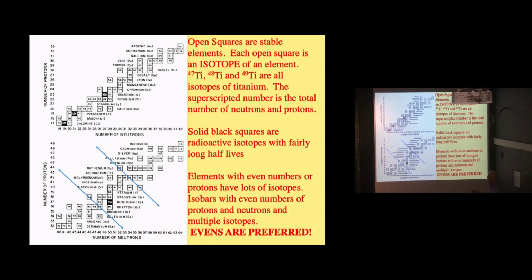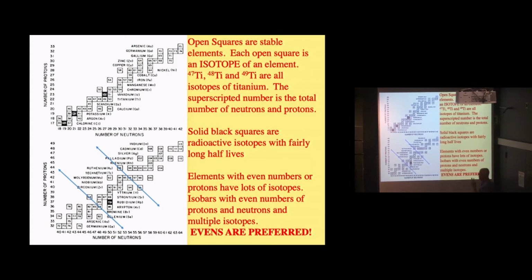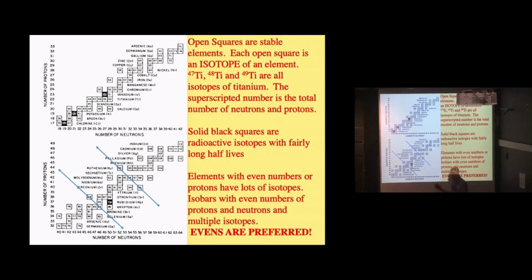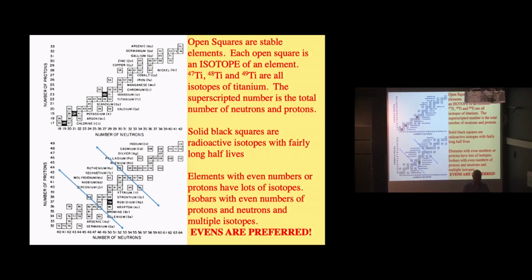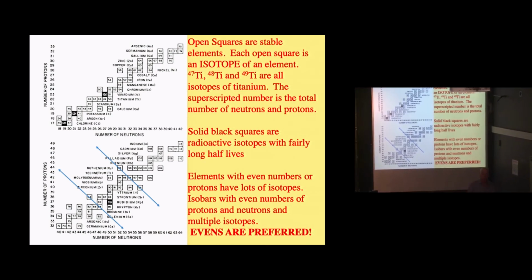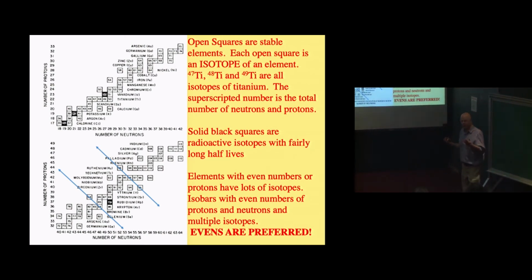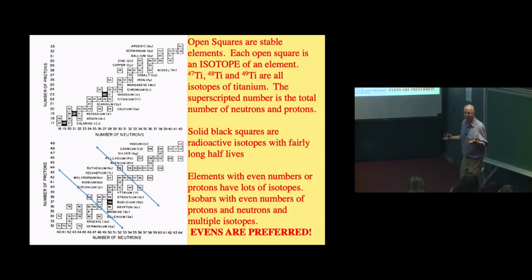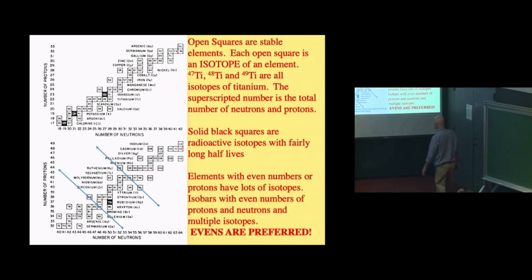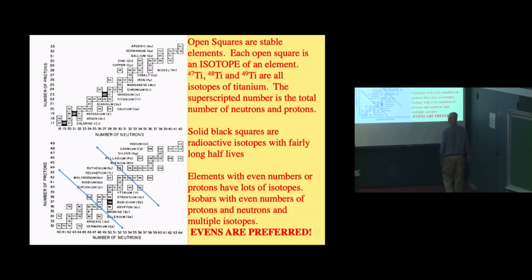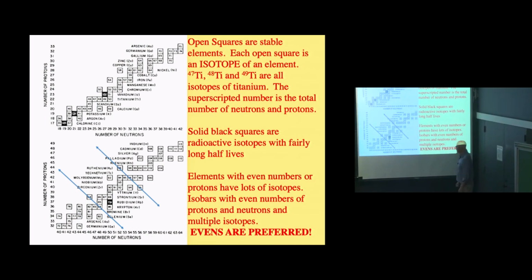Even, 6 isotopes, odd, 1. And because you have many, many more isotopes of these even-numbered elements, you have much more of them. And so the even-numbered elements are much more abundant than the odd-numbered elements because God likes pairs. Okay, he just does. Like on Noah's Ark. They went in pairs.